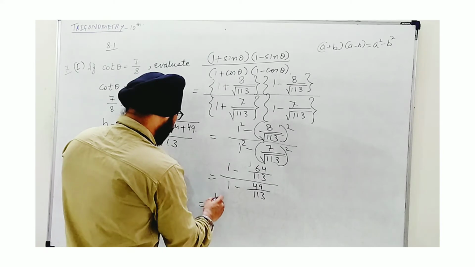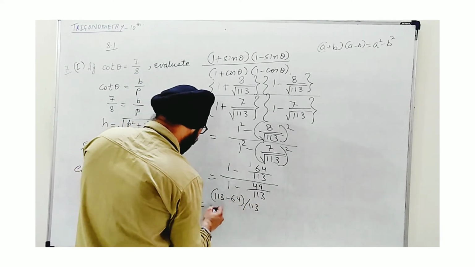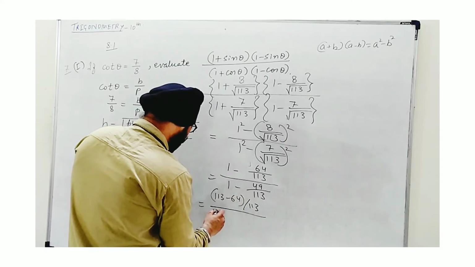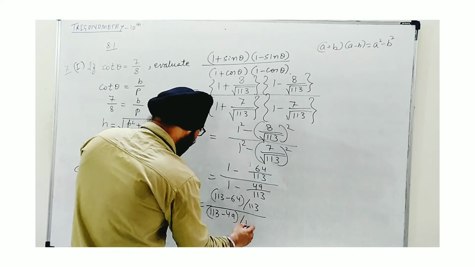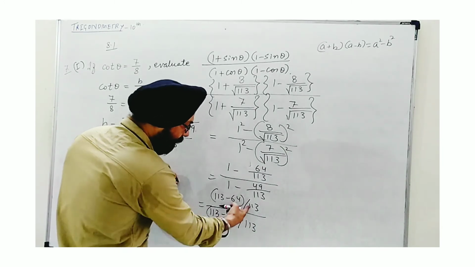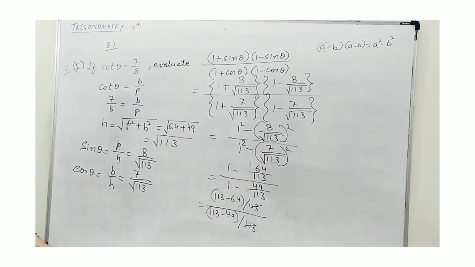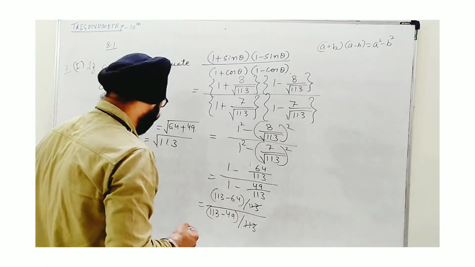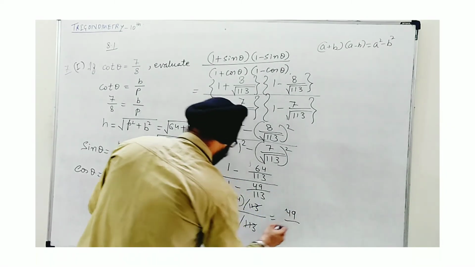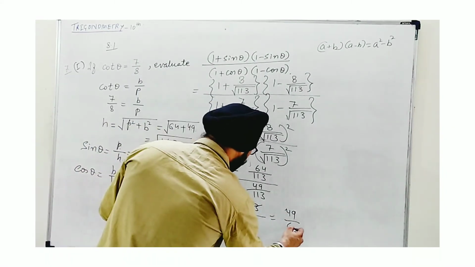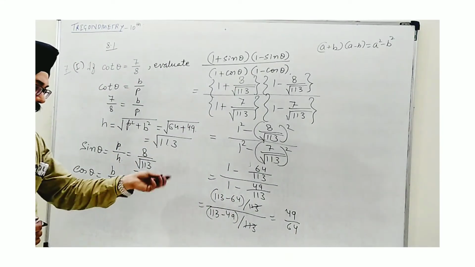We find 113 minus 64 divided by 113. In denominator, 113 minus 49 by 113. We are having same denominator in both of the fractions to cancel out. Now 113 minus 64 is equal to 49, and 113 minus 49 is 64. This is the value of the expression finally which we were waiting for.